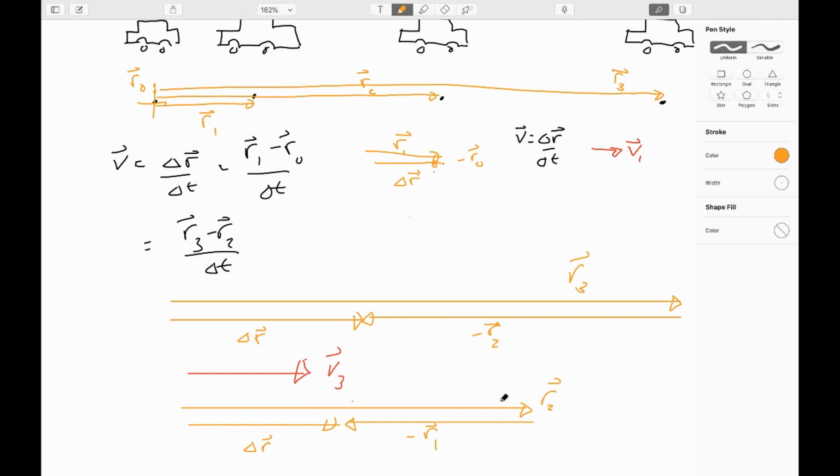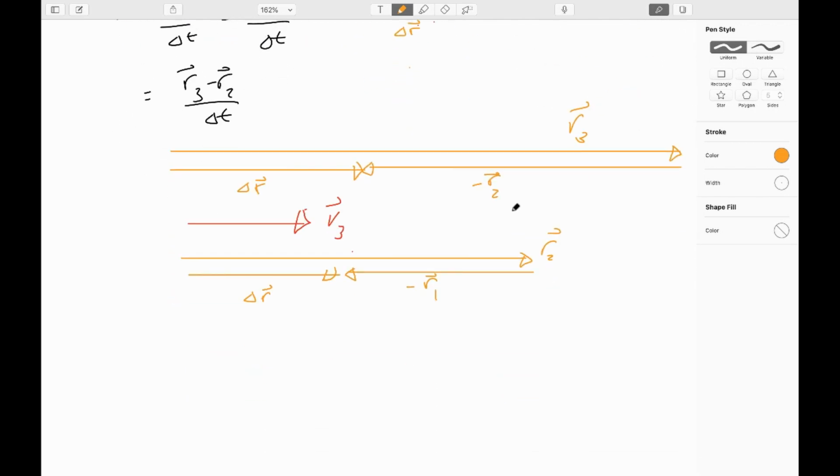And so my velocity would have been a little shorter yet. So this would be my V2, let's say.